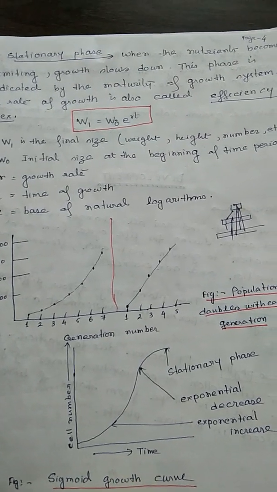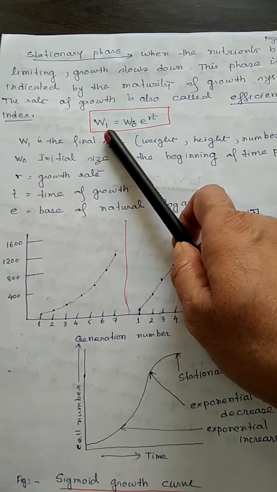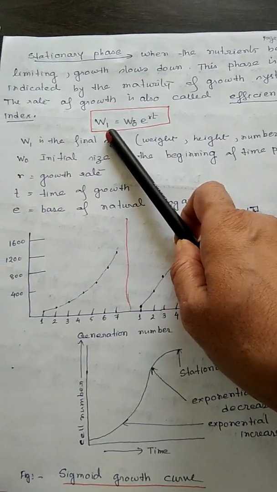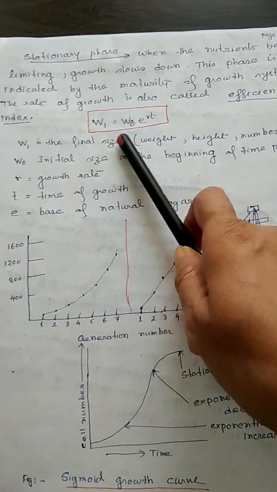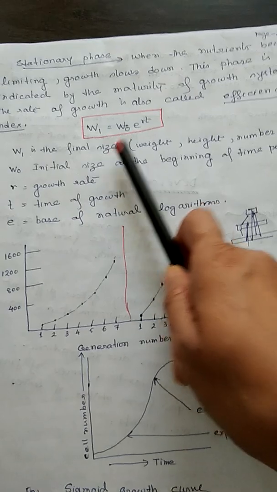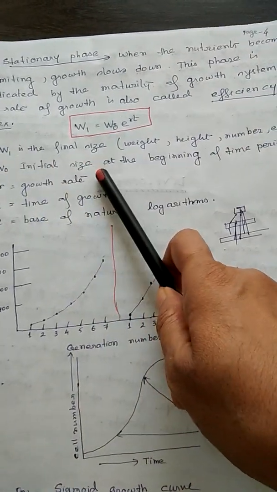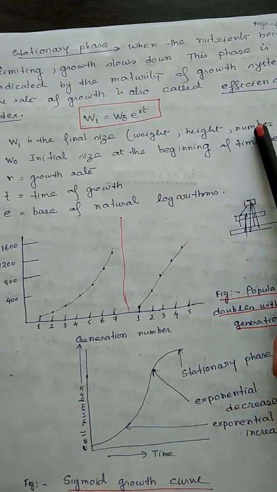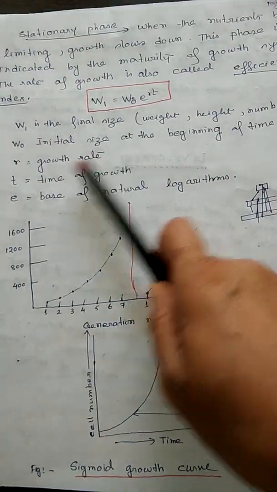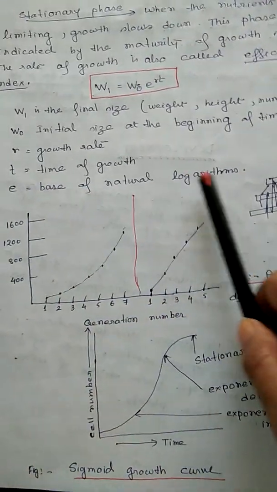By means of an expression you can explain geometrical growth: W1 = W0 e^rt. W1 is the final size, maybe weight, height or number, etc. W0 is the initial size, maybe weight, height or number, etc. r is the growth rate, t is time, and e is the base of the natural logarithm.